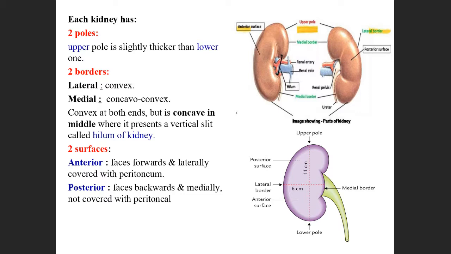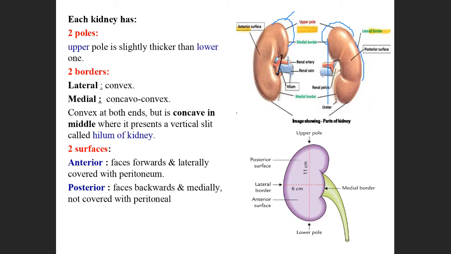On the upper pole of each kidney there is an endocrine gland, that is the adrenal gland or suprarenal gland.